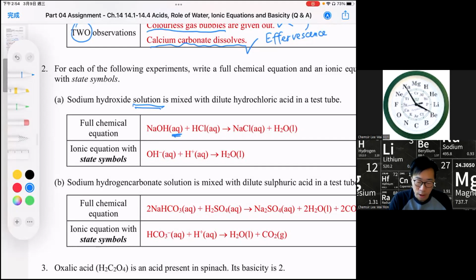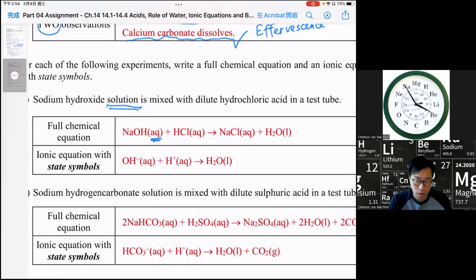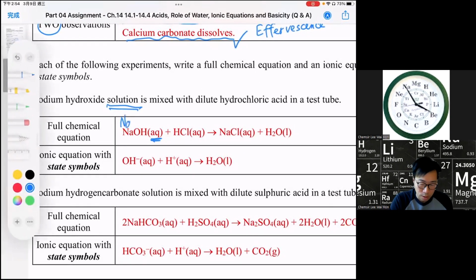Of course, in this case, after you have written the full chemical equation, the next step is to convert it to an ionic equation. On the left-hand side, you break down the formula of the two reactants, and then on the right-hand side, for sodium chloride, as it is an ionic compound, you also break down the formula of NaCl, and then H2O.